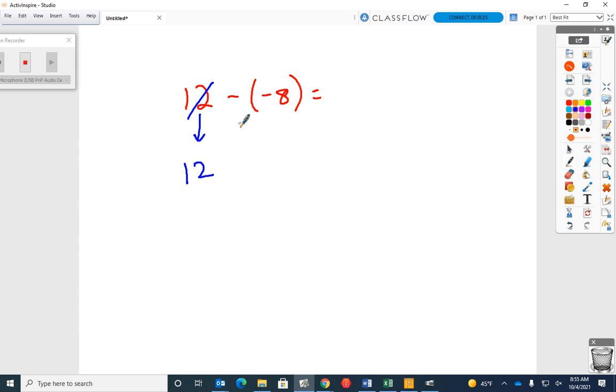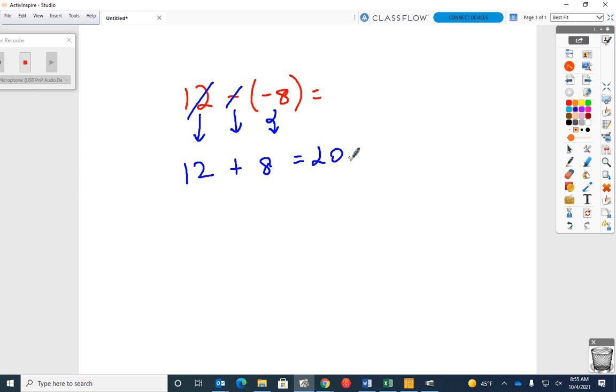Cross it out. This subtraction becomes what? Addition. Cross it out. What is the opposite of negative 8? 8. Now this gets easy. What's 12 plus 8? 20. Makes it easy, doesn't it?